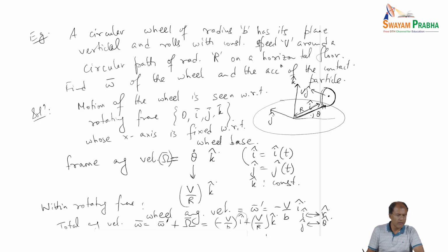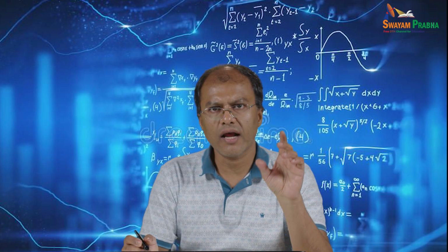So we know from the very first set of slides where we discussed the motion in Newton's equations of motion, we saw that when we differentiated r hat with respect to time, dr hat dt was theta hat, and d theta hat dt was equal to minus r hat. So using all these relations, we can differentiate this relation for omega and find the acceleration, and I think that will complete the description of this wheel about this circular axis.